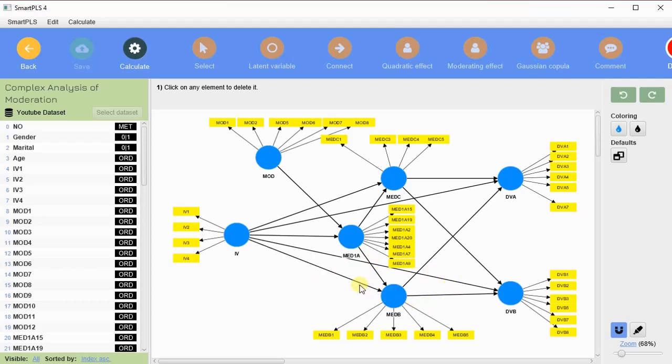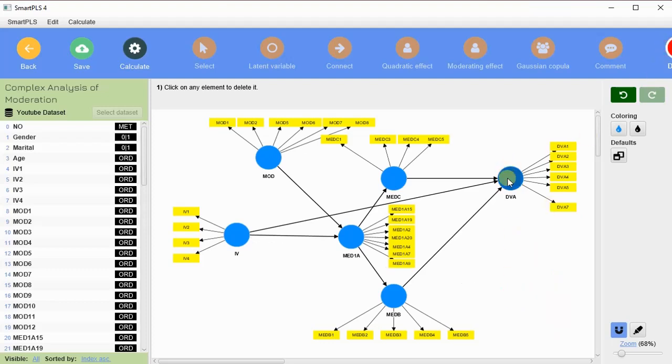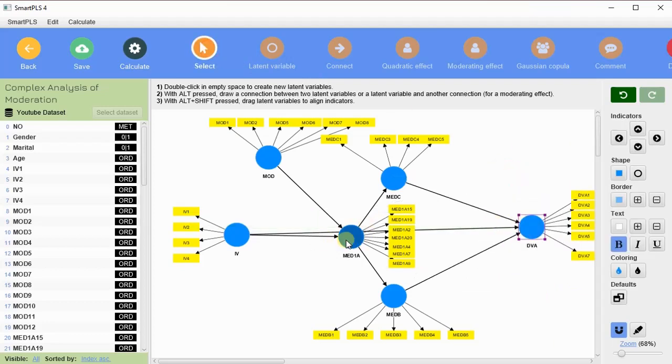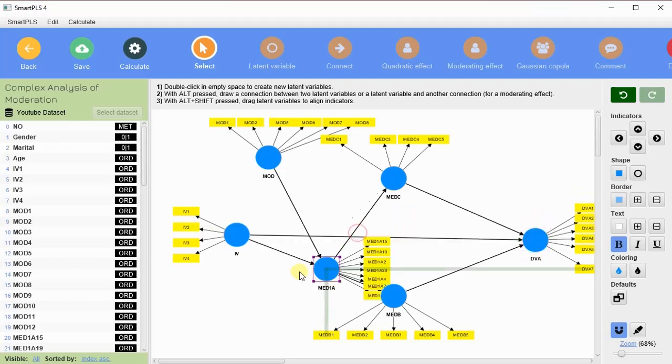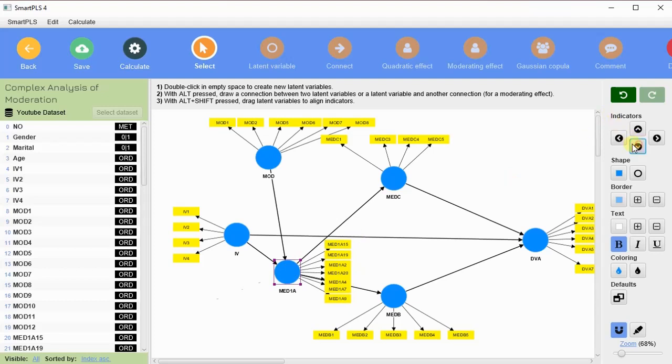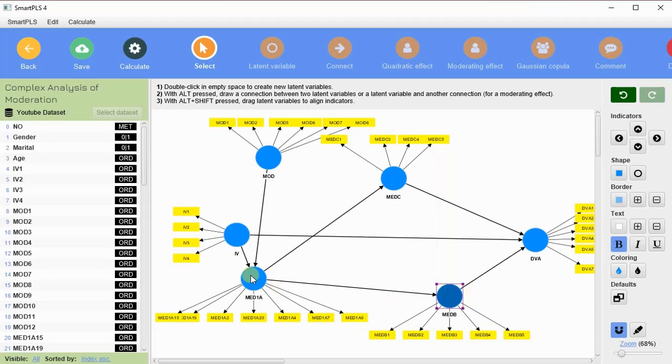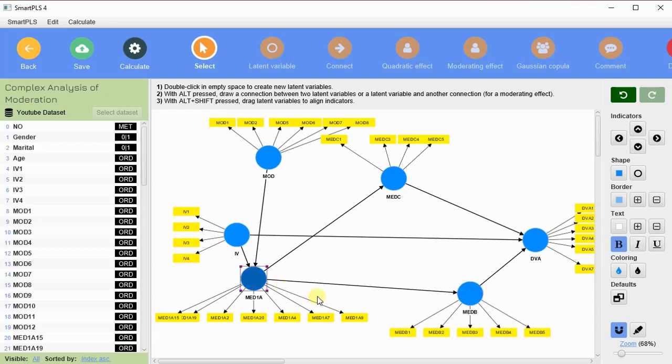Although I cannot remove the indirect effects, let's remove this and make it possible like this. And for simplicity, otherwise it would become more complex to understand, I just take the one dependent variable with two mediators. I think this would be easy to see here.